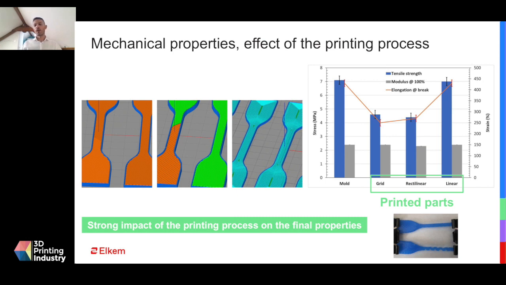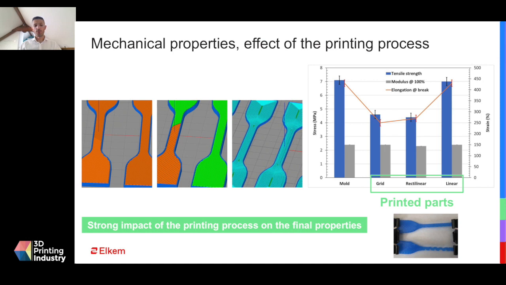So now I will show you some technical results regarding the printing part, and I will start with some mechanical results. Here you can see some tests done on dog bone samples.